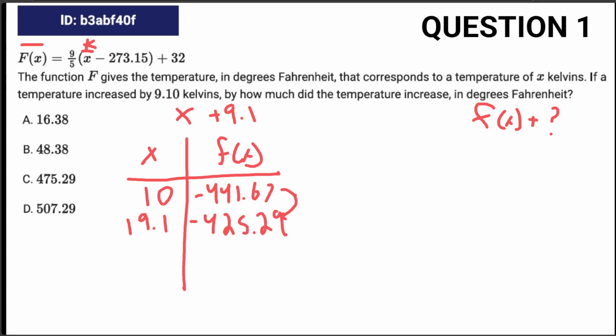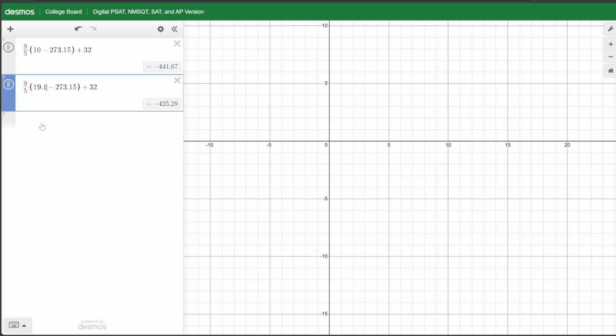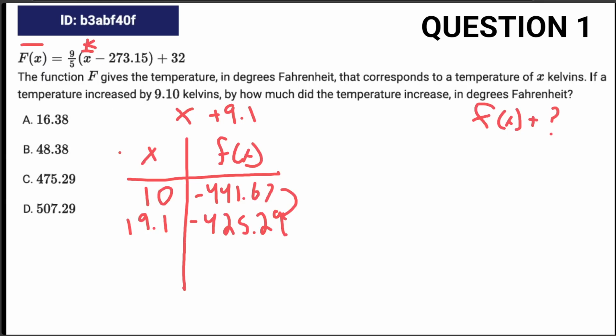Then we want to find how much that changed, or what the increase is, so we can just plug it in here, and that should be 16.38. And that'll be the answer.